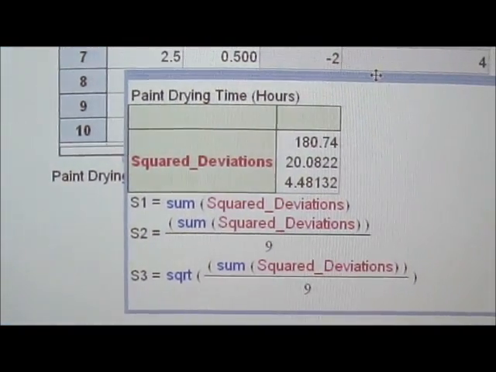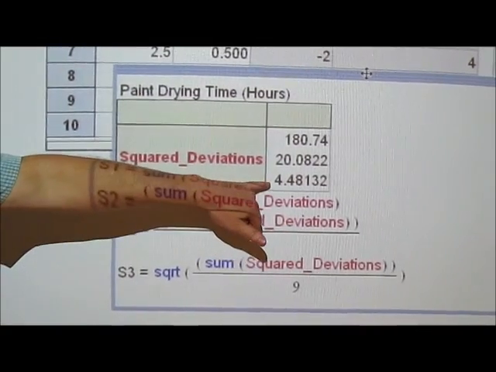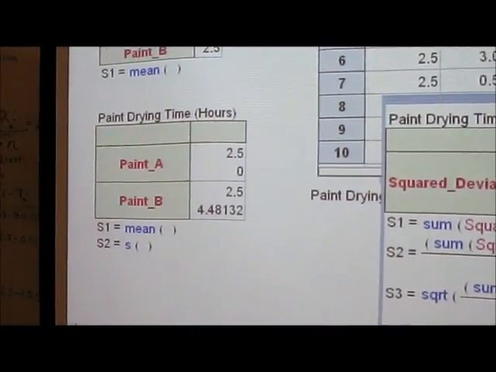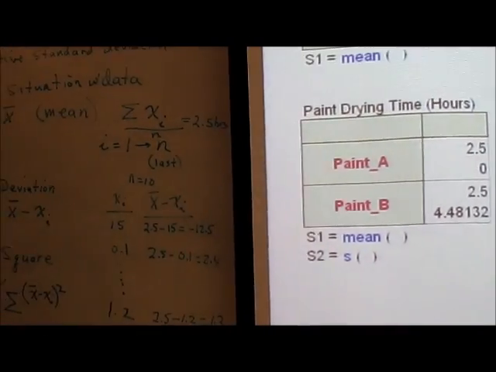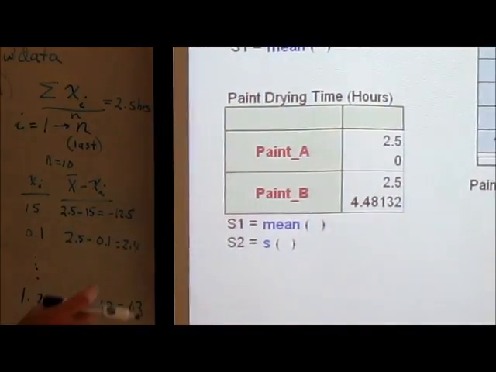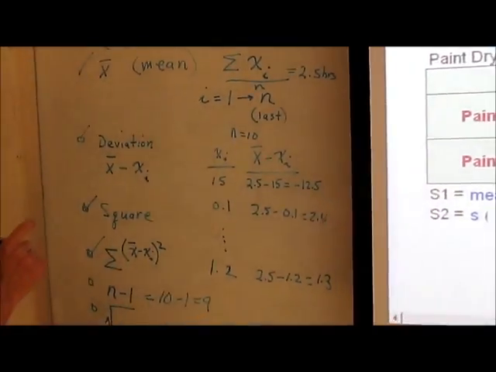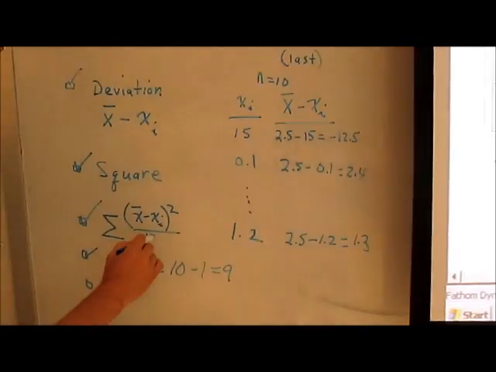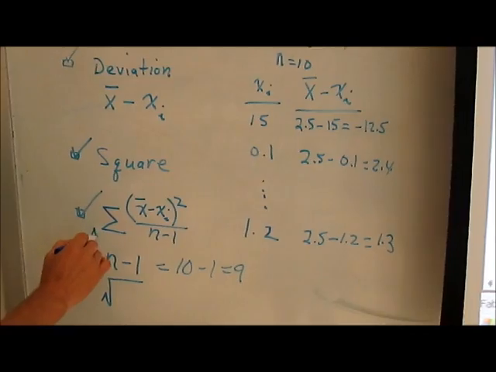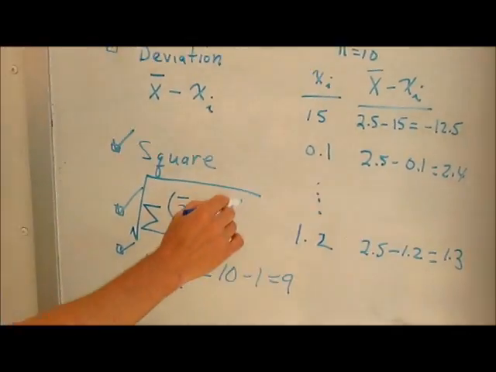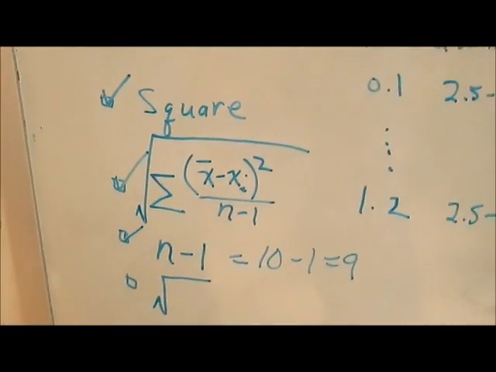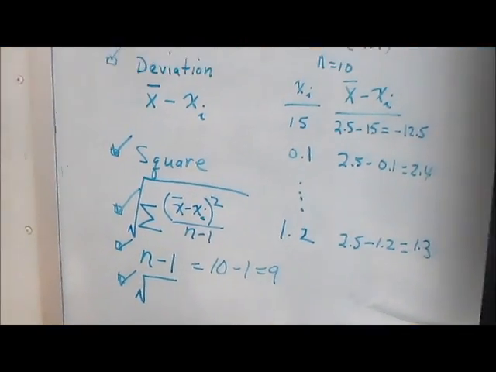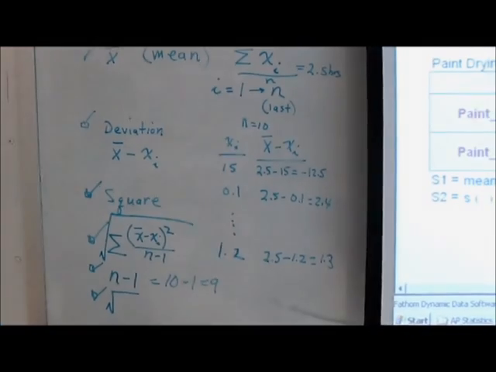Then I did one more thing to get that 4.48, which is the standard deviation calculated by the software. I divided by n minus 1, and I took the square root of that average squared deviation, and that's the square root step of calculating the standard deviation. And you end up with your standard deviation.